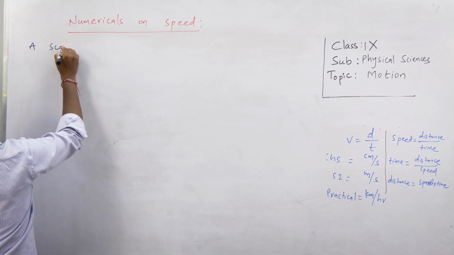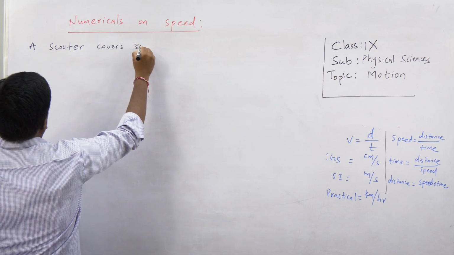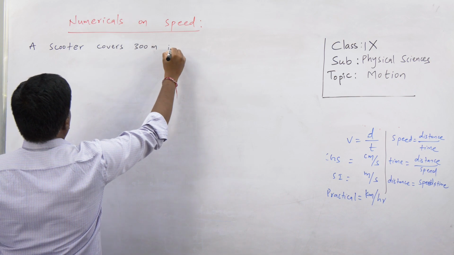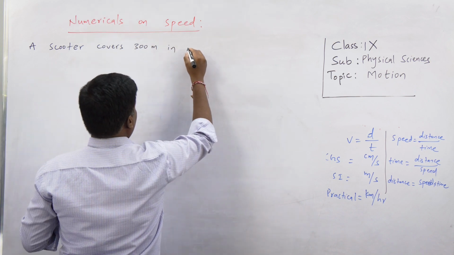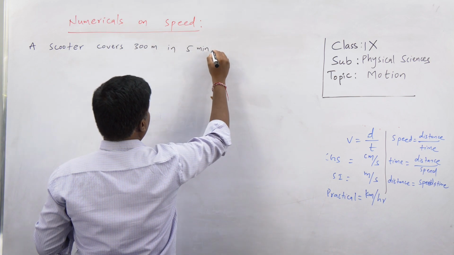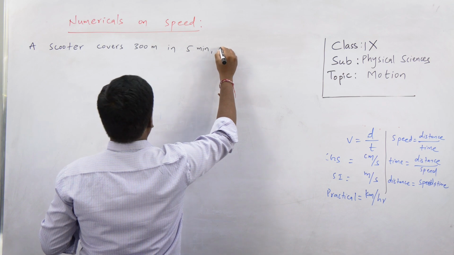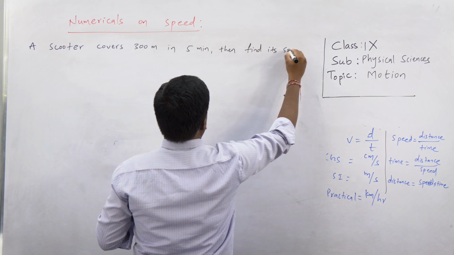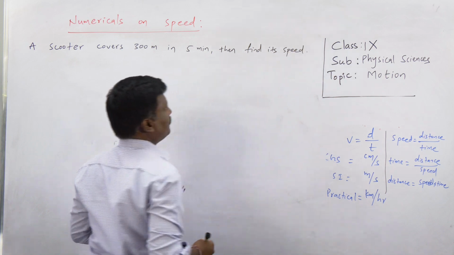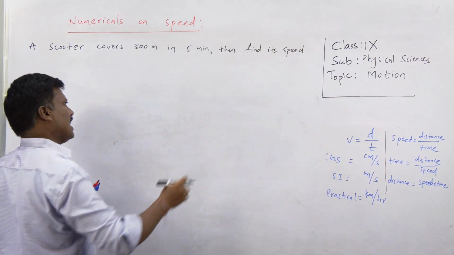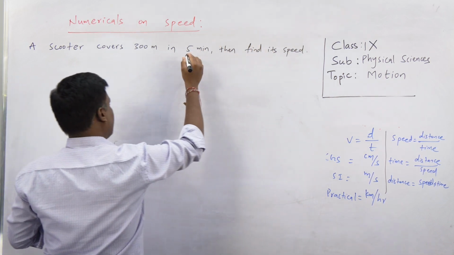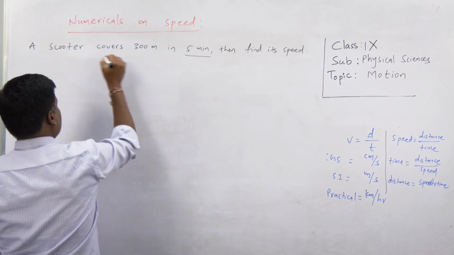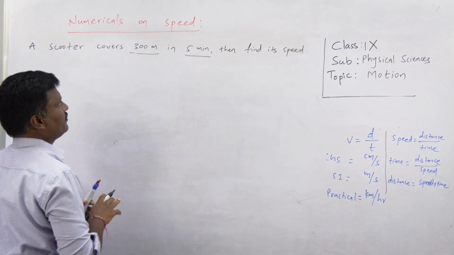A scooter covers 300 meters in 5 minutes. Find its speed. So we have to calculate the speed, and what is given? One is time, the other is distance.